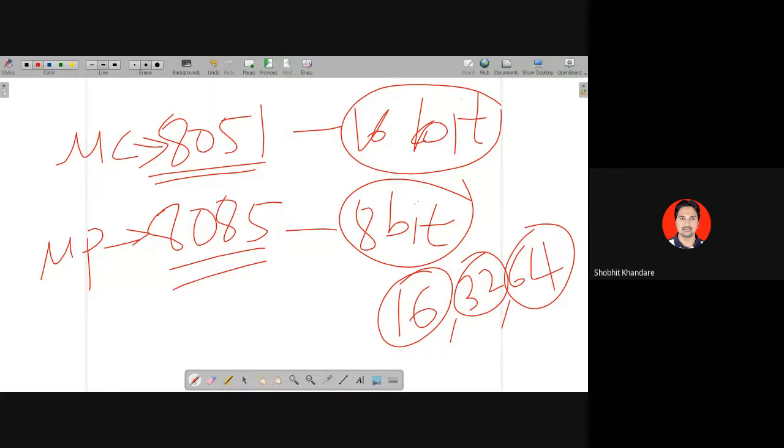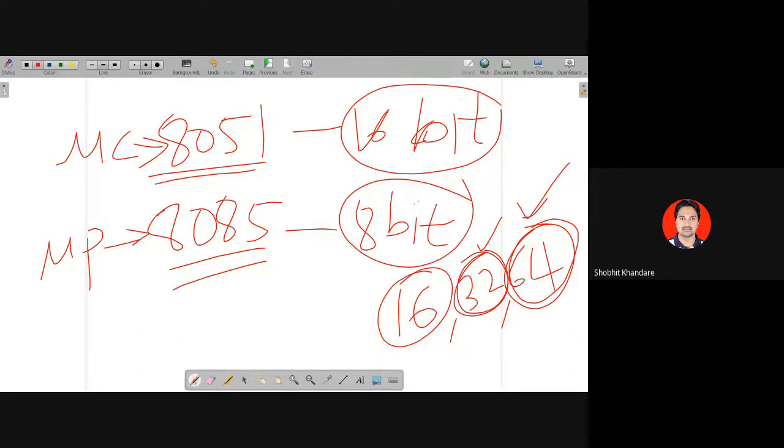Can anyone else tell? Let me ask another question: if you compare a 32 bit processor and a 64 bit processor, which is faster? 64. Obviously 64, the speed is more. Can anyone tell what the difference between the two is? Or more processing power? Processing power? Yes, you are right. You are near to the answer.